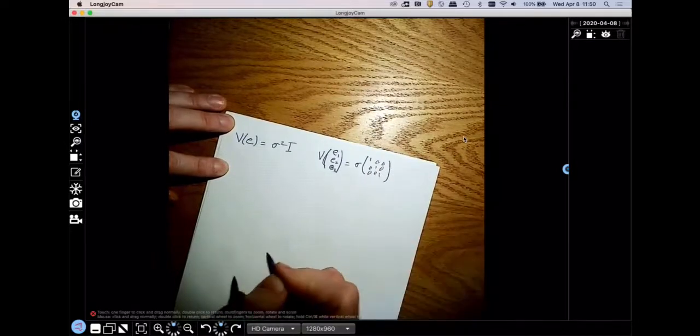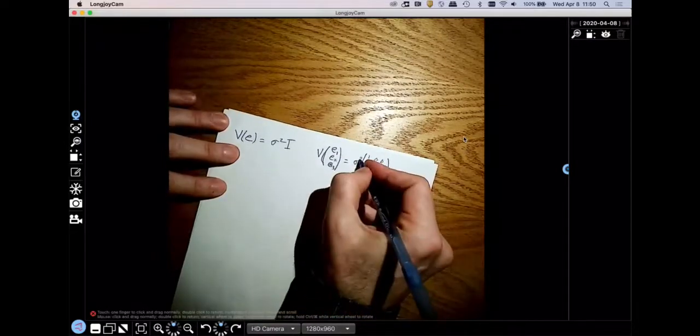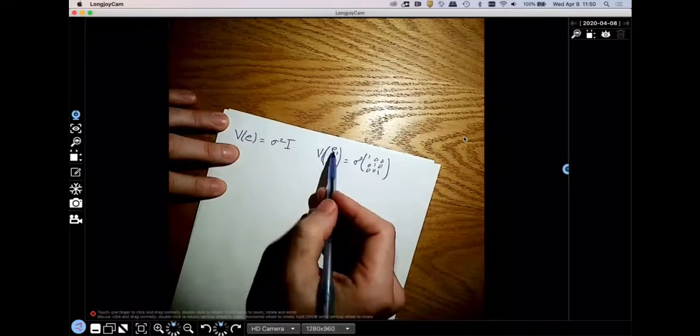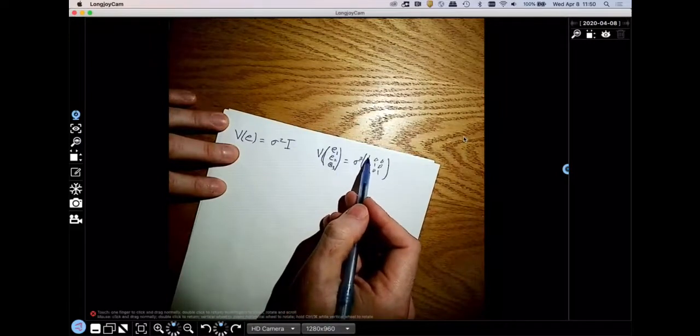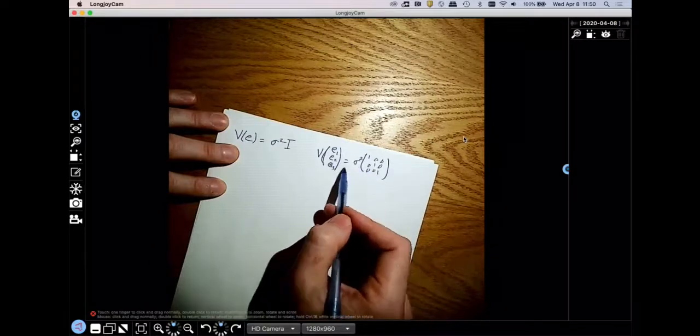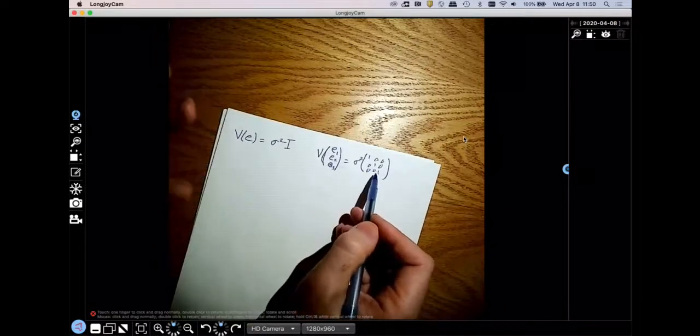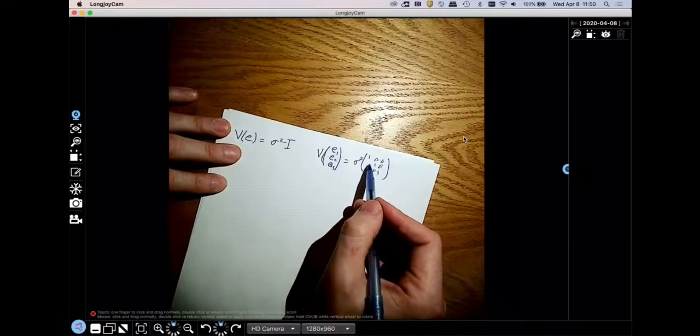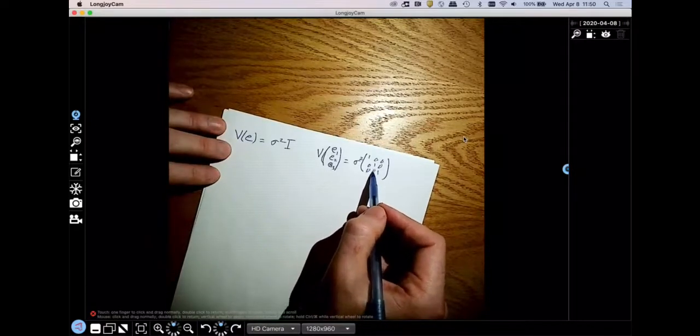All right, so it's a sigma squared there. So the variance of this first error is equal to sigma squared. The variance of the second error is sigma squared. The variance of the third error is sigma squared. Now the covariance between any two errors is going to be 0.